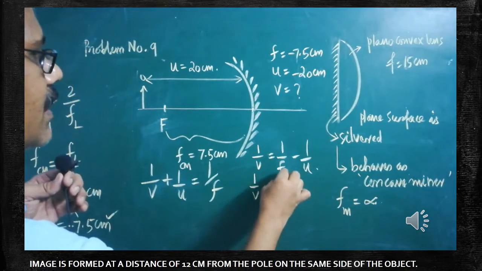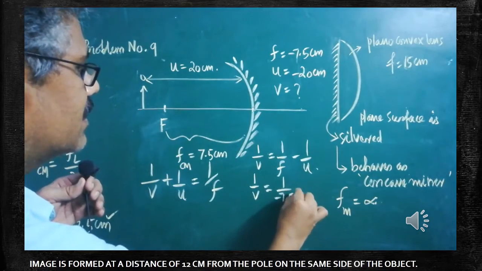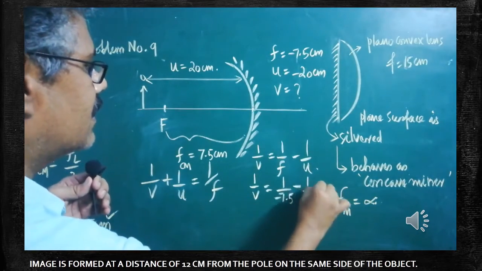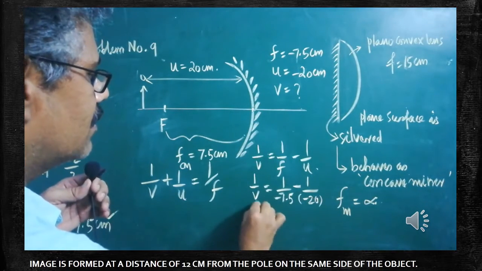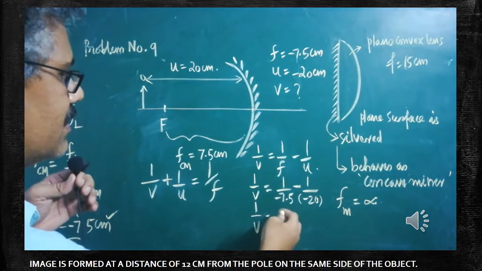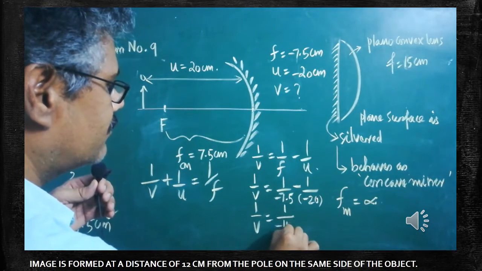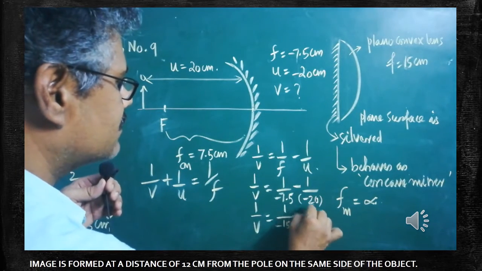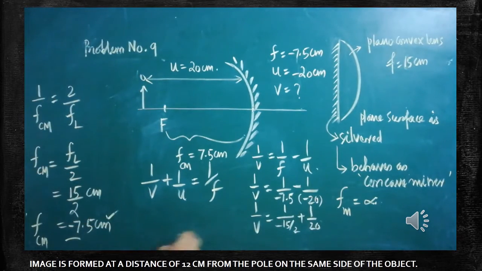Substitute the values. 1 by v is equal to 1 by minus 7.5 minus 1 by minus 20. That 7.5 can be written as 15 by 2. Therefore 1 divided by minus 15 by 2 can be written. Minus minus becomes plus 1 by 20.